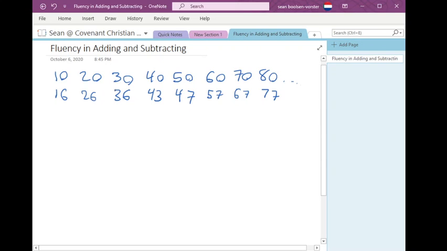So when you get to a multiple of 10, it makes life easier to figure out the adding or subtracting, because 10 minus 3 is pretty easy. It's 7, right? We're always just going down to a 7.